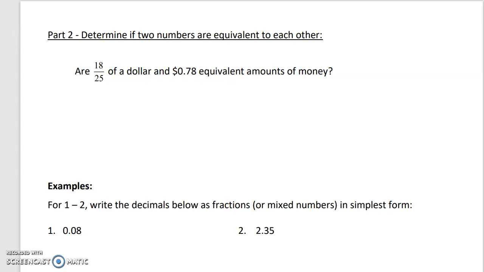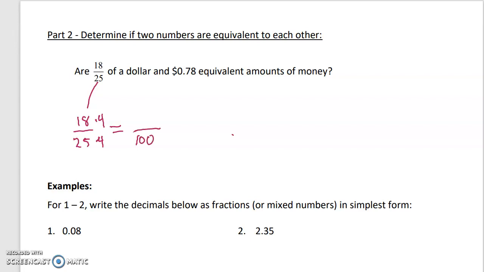So, are 18/25 of $1 and 78 cents equivalent amounts of money? What I'm going to do is make 18/25 into a decimal. I'm going to do the multiplying by 4 method, because I know that 25 times 4 is 100. If you want to do the dividing method, that's absolutely okay.